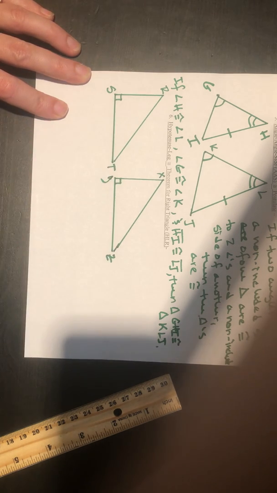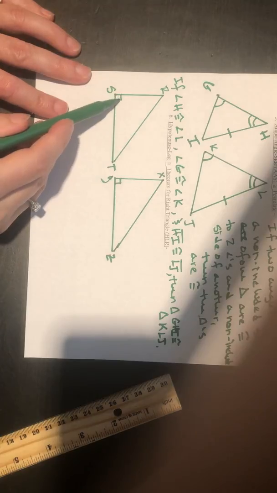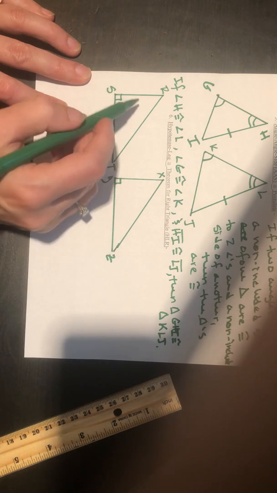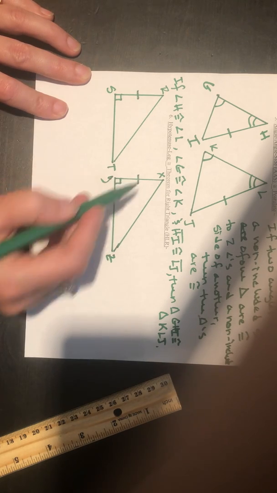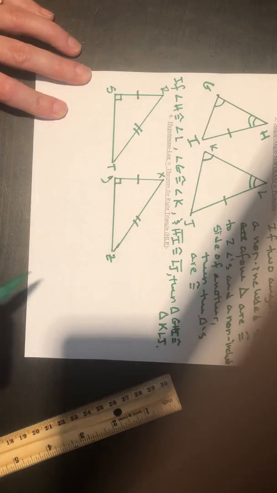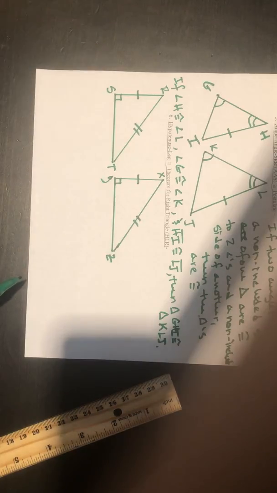All right, so here are our two right triangles. We've indicated that we have right angles here, so that means we have right triangles. And if RS is congruent to XY and RT is congruent to XZ, then we have two congruent triangles.